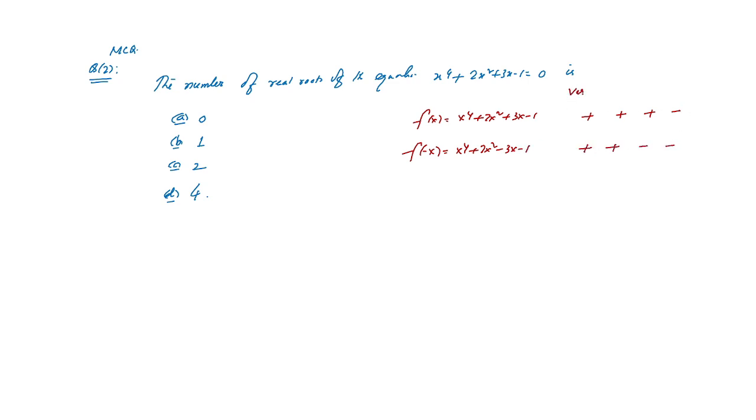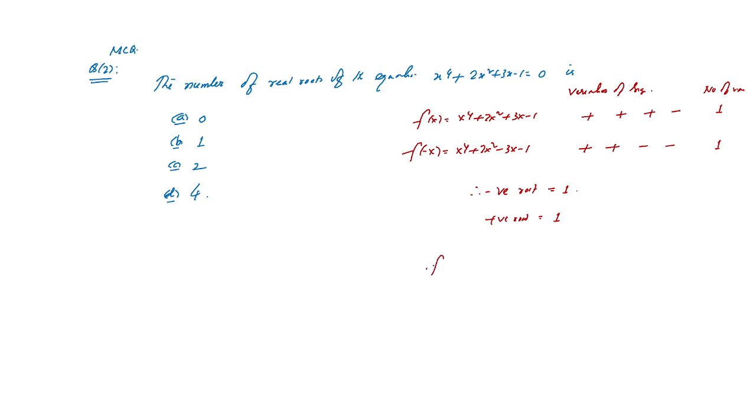This is the variation of sign. The number of variations here is 1, and after that you will conclude the negative root is 1, and the positive root is also 1.